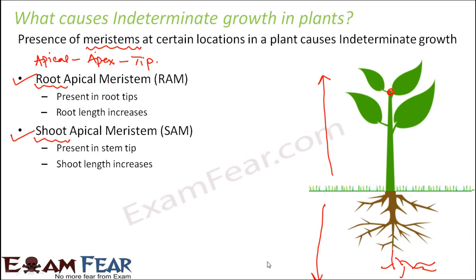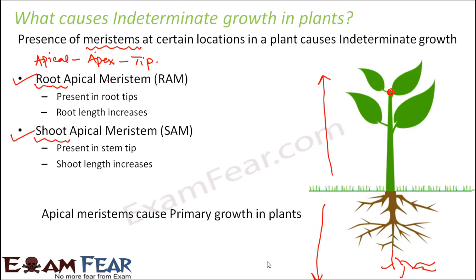Now when we talk about indeterminate growth, that is growth which happens throughout in a plant, that not only happens in terms of the length or height, it also happens widthwise. So let us see what causes that. From this, we can say that apical meristems cause primary growth in plants.